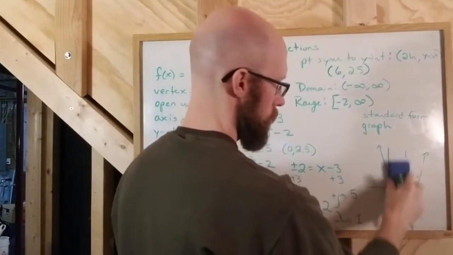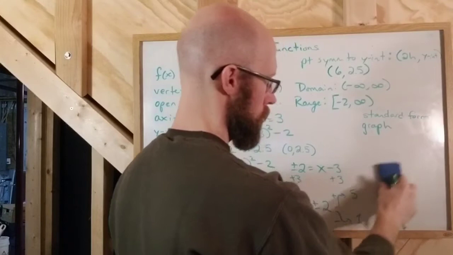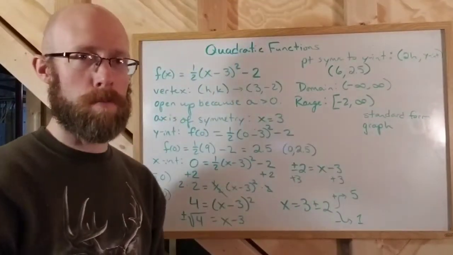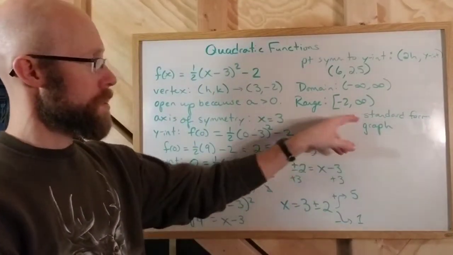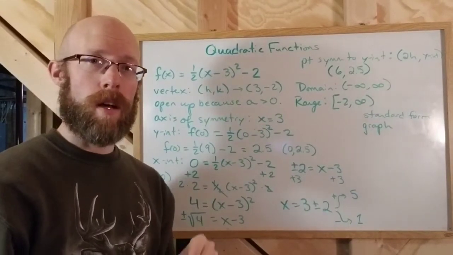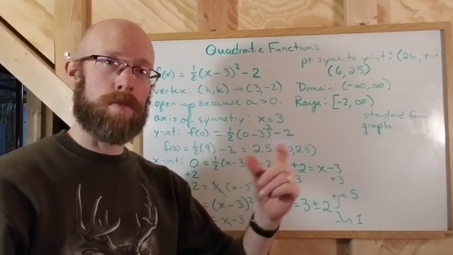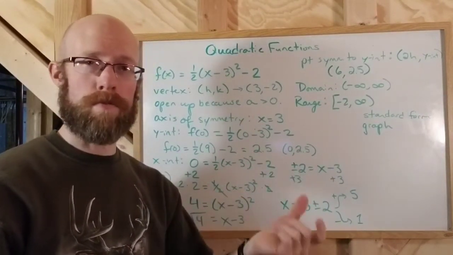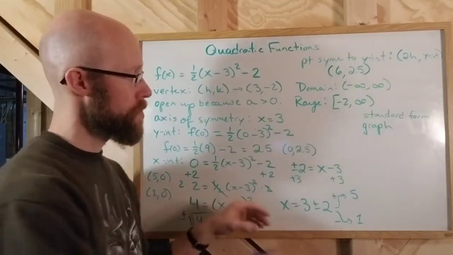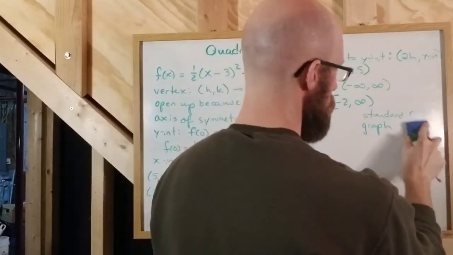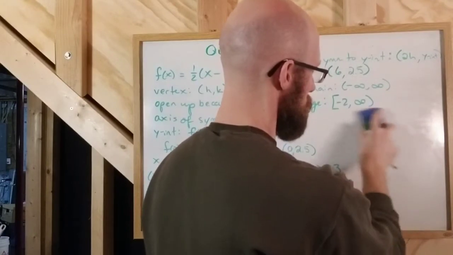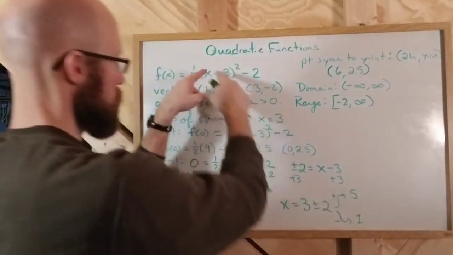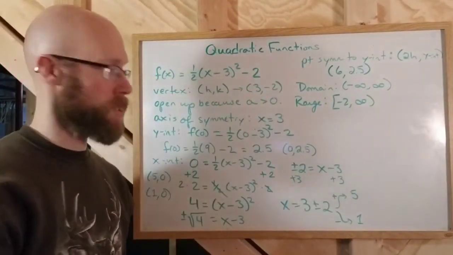Okay, and now I don't really want the graph in here. We're going to do a much more precise graph in just a moment. The standard form is kind of interesting. You can convert from standard form to vertex form and back. Now the standard form in this case is found simply by expanding this expression.